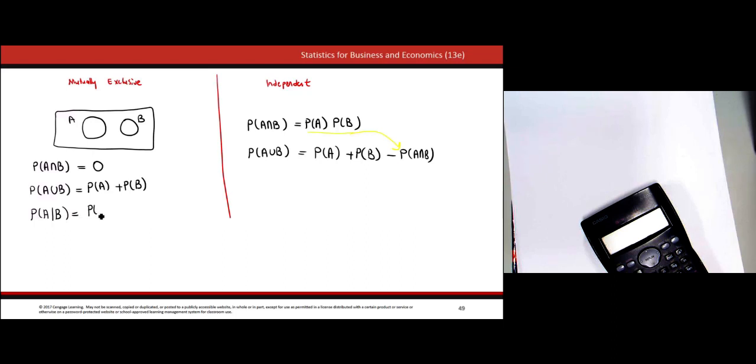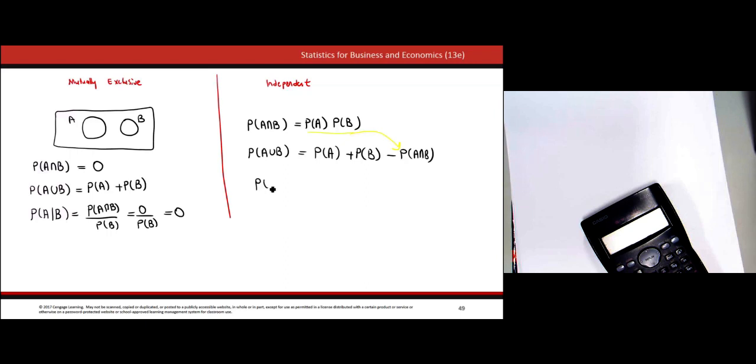Or we know that this is A intersect B over B, and since A intersect B is 0, 0 divided by anything is 0. Which makes sense, because if A and B are mutually exclusive, if B occurs, A cannot occur. So the probability of A given B has already occurred is 0.